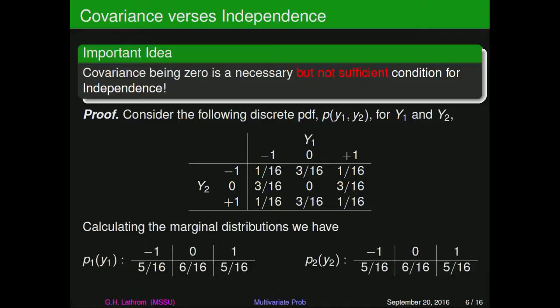Well, if we calculate the marginal distributions, and now you begin to see why marginal distributions are called marginal distributions. Because when our data was written in table form, in order to get the marginal distribution for y sub 2 at -1, I'm summing across all possible values of y sub 1, so that means I'm summing across this row.